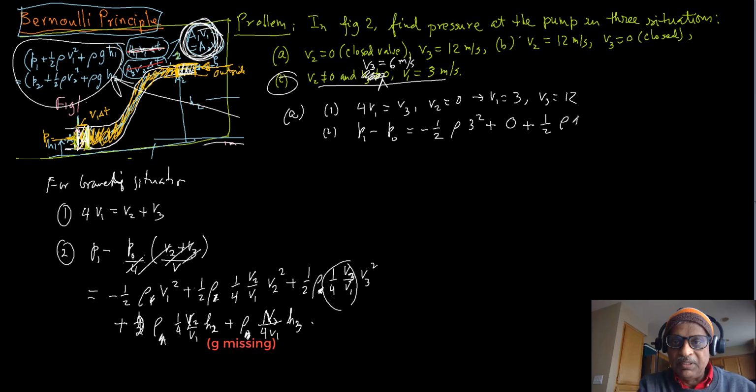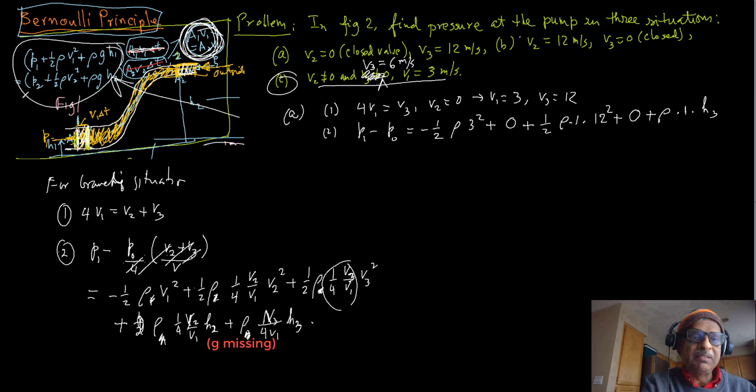That just becomes 1. 12 square plus 0 plus rho, and that's just 1 and just H3. So this is the same as this, and you can see from here I can actually compute H3 is equal to 50. So we can just compute it, and this is what we want.